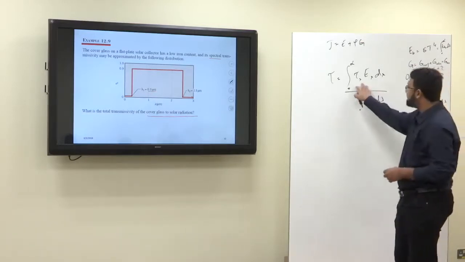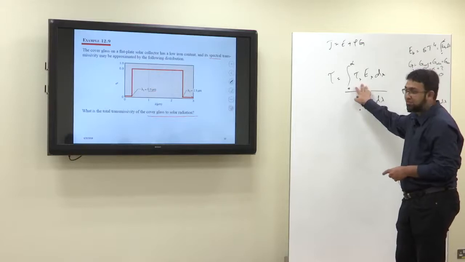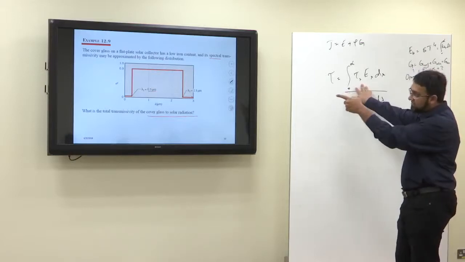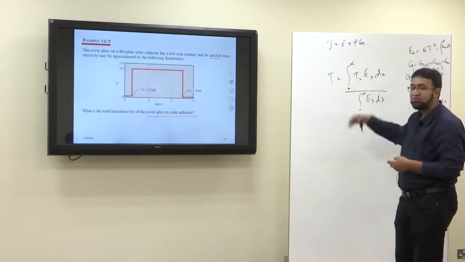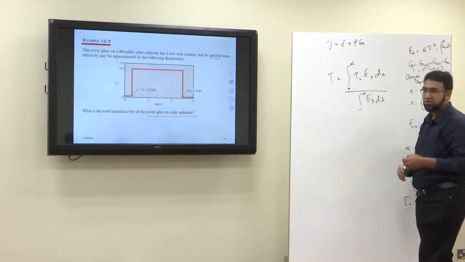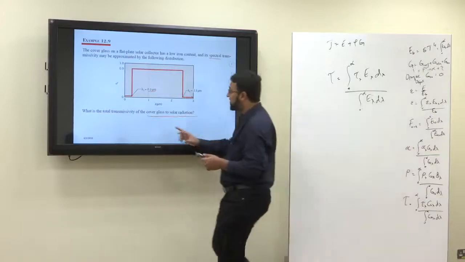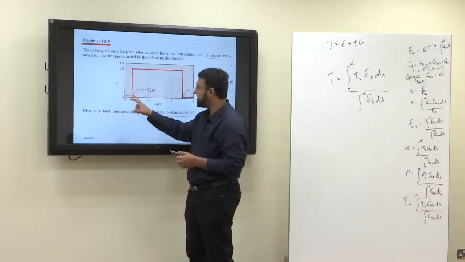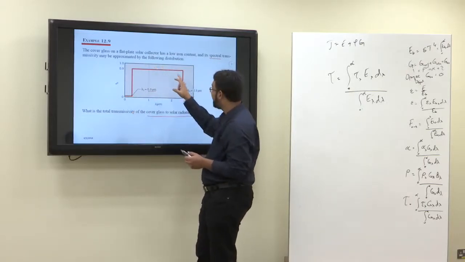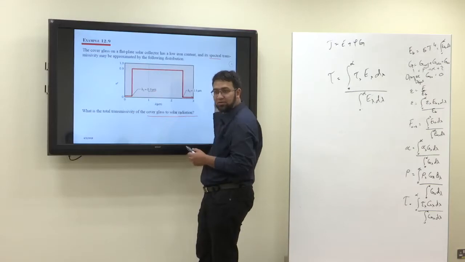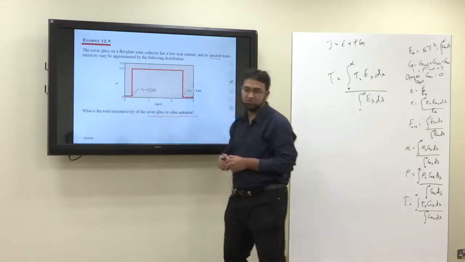Now, this is the integration of transmissivity, and we know how the transmissivity changes as the wavelength changes. So let's do this integration by parts. From 0 to 0.3 transmissivity is 0, from 0.3 to 2.5 transmissivity is 0.9, and from 2.5 to infinity transmissivity is again 0.